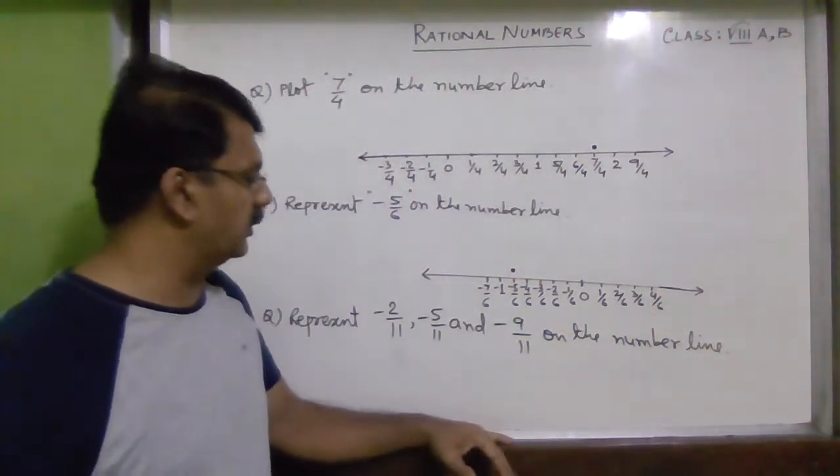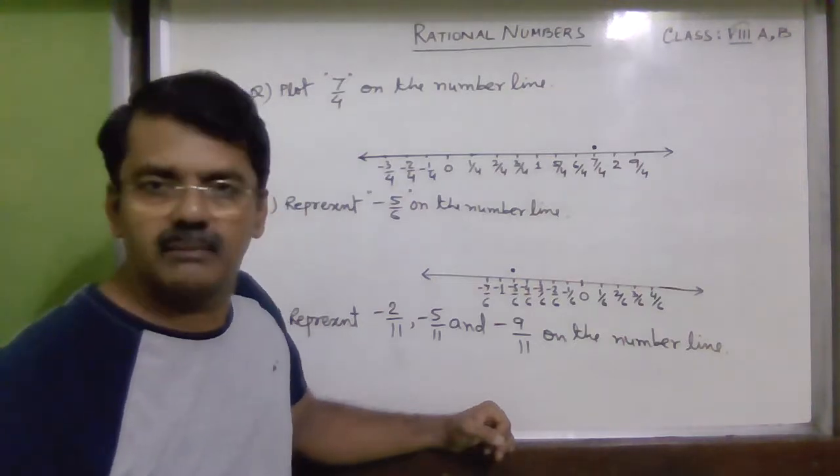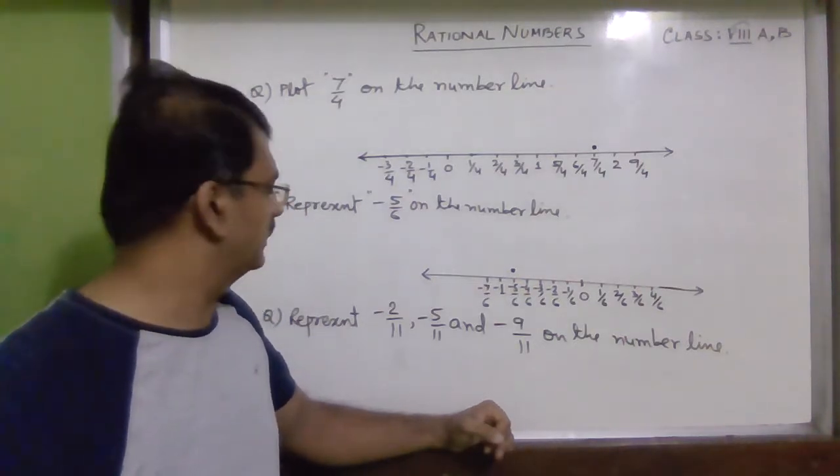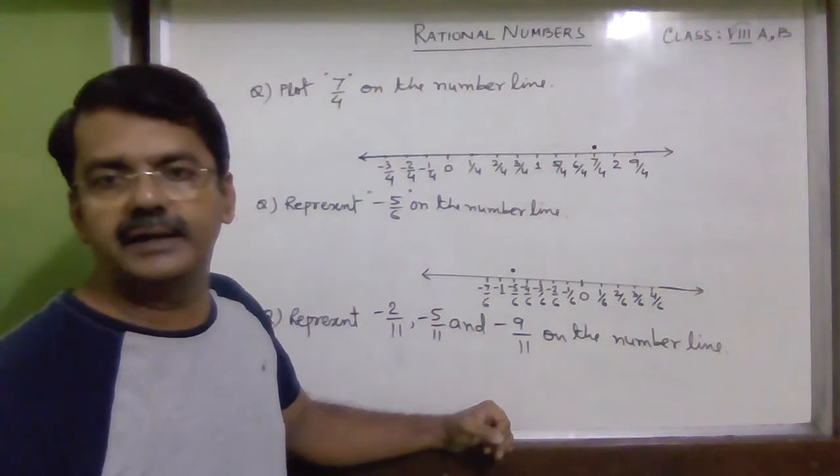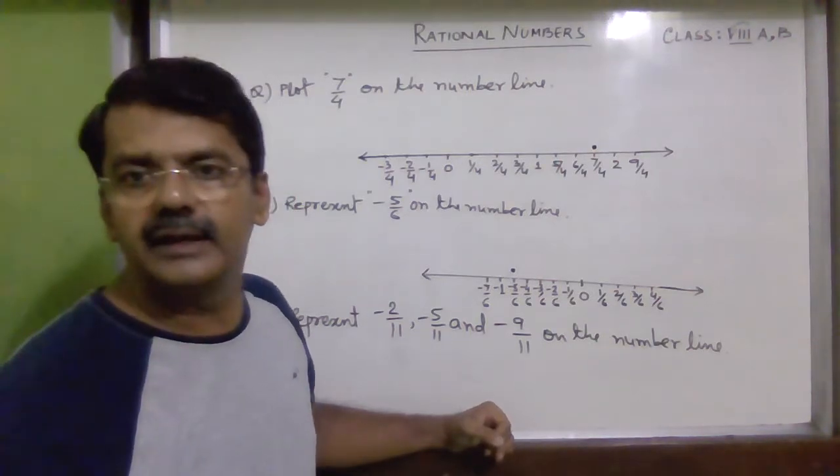So now we have to plot 3 points on the same number line: minus 2 by 11, minus 5 by 11, and minus 9 by 11.